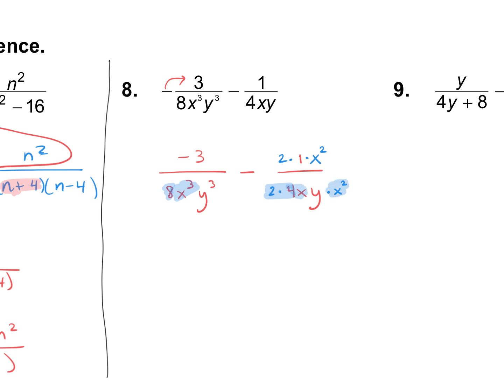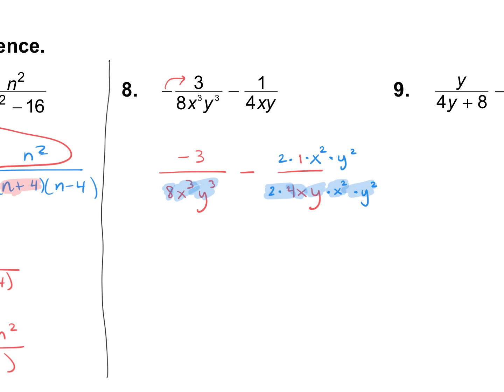All right, this is a y cubed. This is a y. We need more y's over here so we can multiply in a y squared also to the numerator. So now we have a y times y squared, which is y cubed, which is what we have over there. So we have a common denominator.